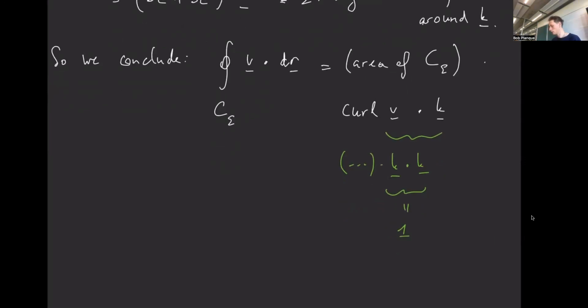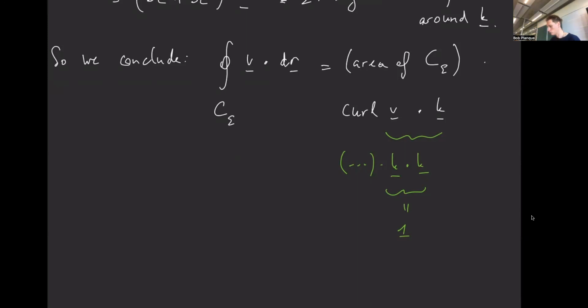So, writing it differently, what is the curl of a vector field? It essentially measures the circulation of that vector field around that point per unit area, right? Because there's an area of that circle that I still have to take into account.